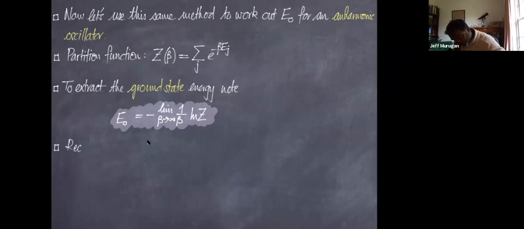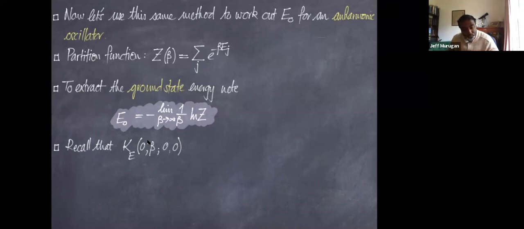So recall then the Euclidean path integral that connects the ground state 0 at time t equals 0 to the same ground state at some later Euclidean time beta.